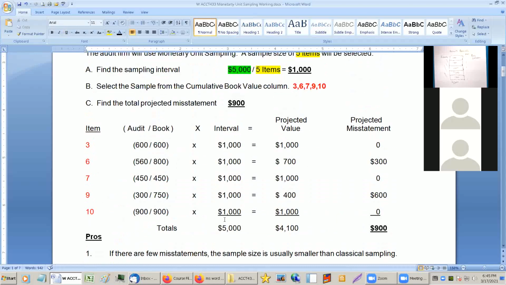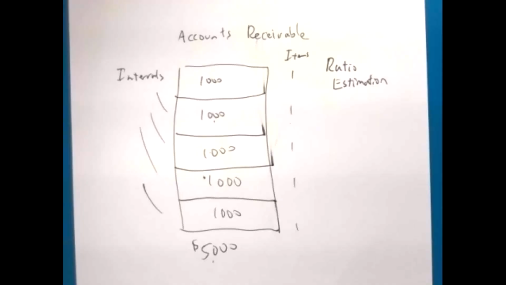There's also something unique about this one that is kind of not apparent, but it's in there. And that is, each dollar is actually the sampling unit. And each dollar has the same likelihood of being picked.